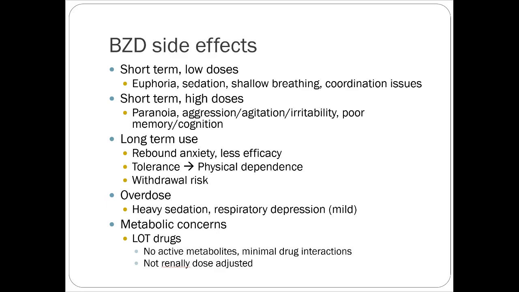With respect to metabolic concerns, I showed you that other slide, but what I'd really want you to remember is LOT drugs. LOT stands for lorazepam, oxazepam, and temazepam. These three drugs don't have any active metabolites and really no drug interactions, and they aren't renally dose adjusted at all. If you have somebody who's got renal issues and you want to treat them, a medication like diazepam has a lot of active metabolites, many of them renally eliminated.